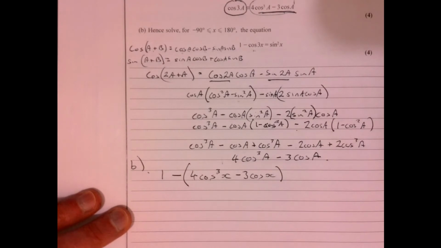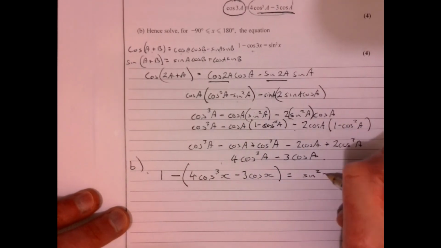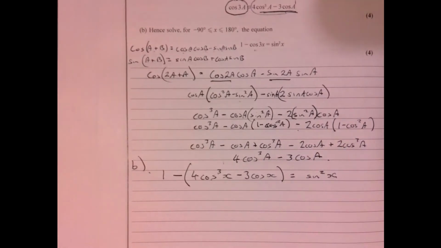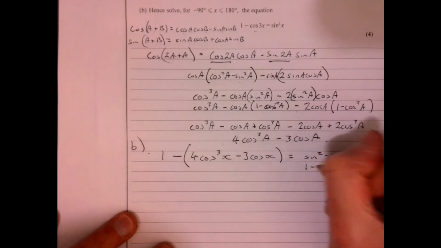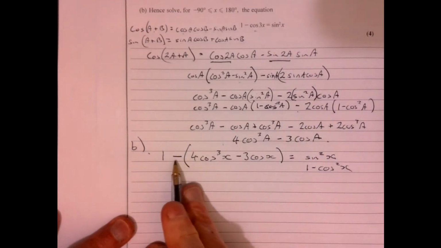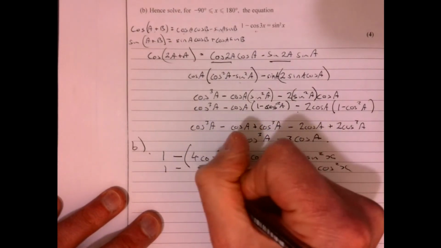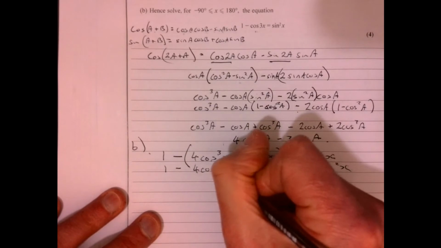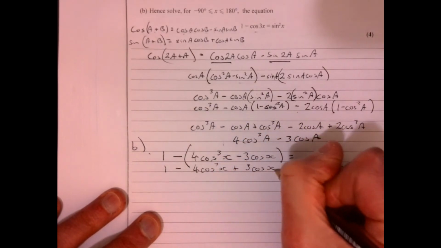And what's that going to be equal to? That's equal to sine squared x, which is 1 minus cos squared, isn't it? So let's replace that just there. Let's get rid of these brackets because that's a bit messy. So we can have the minus in here, and don't forget that now changes to a plus.